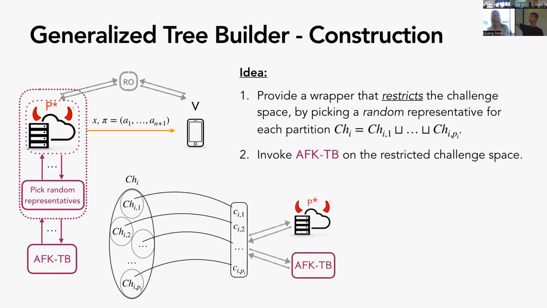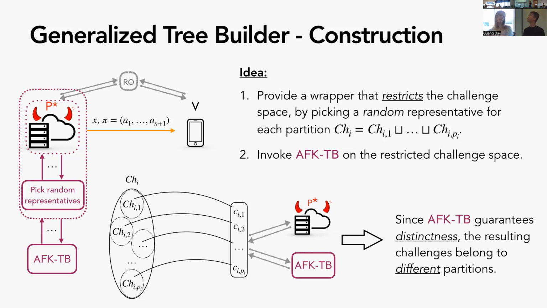So both the malicious prover and the contributor will have access only to this restricted random oracle. And the overall idea is that since this AFK contributor guarantees distinctness of these challenges, it will correspond to the challenges being in different partitions. And that is the end of the proof.